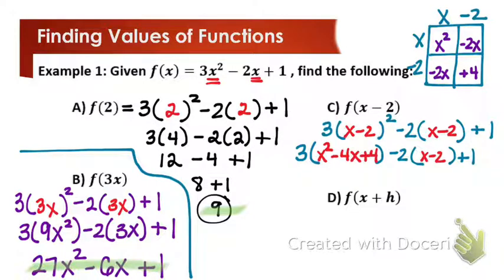So x minus 2 times x minus 2 is equal to x squared minus 4x plus 4.